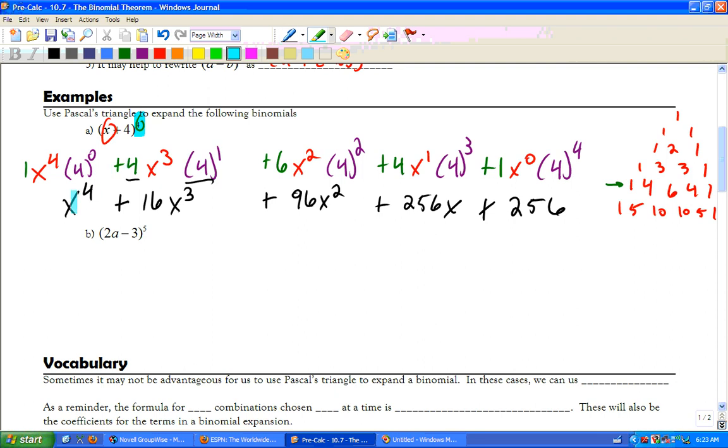Kind of wrote it over a long while, but our final answer is x to the fourth plus 16x cubed plus 96x squared plus 256x plus 256.